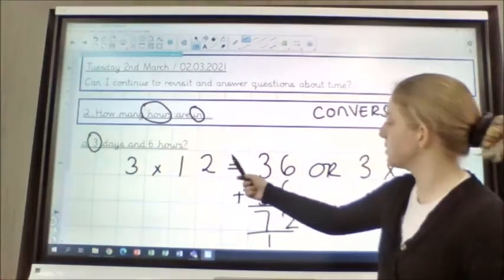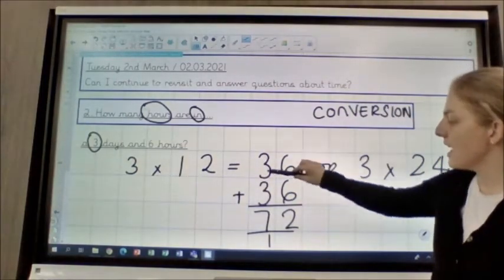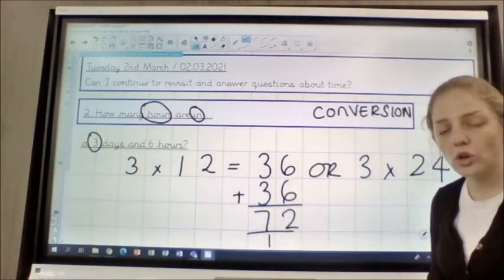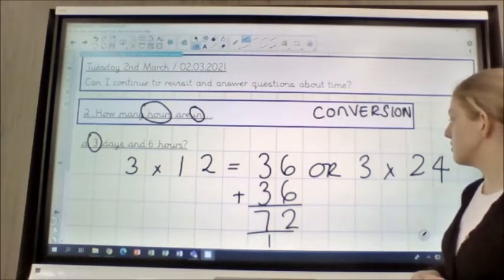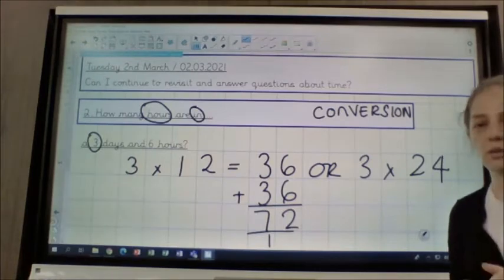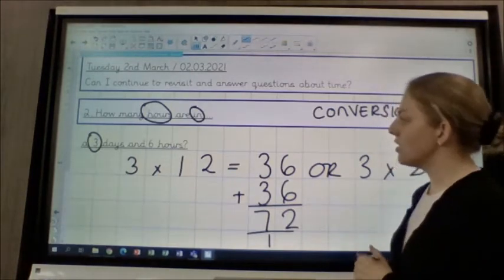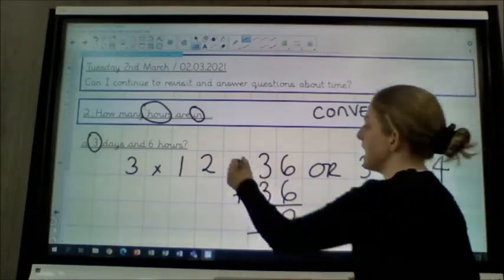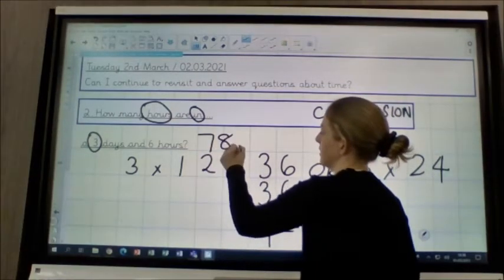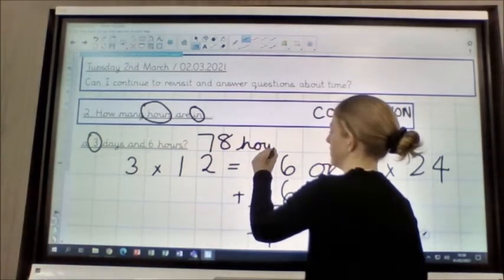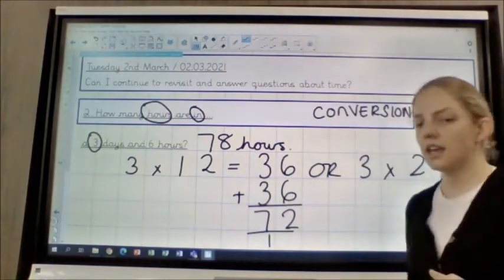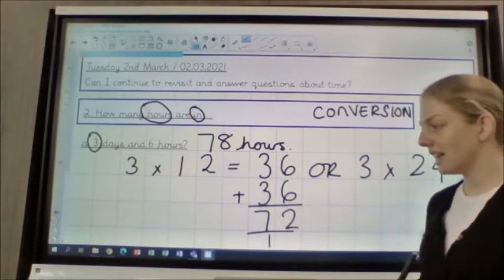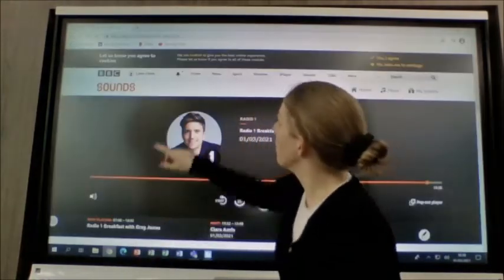So I do 3 times 12 equals 36, and then I add 2 of them together because 12 add 12 is 24. Okay, so that gives me 72, or 3 times 24. So then I know that it is 72 add 6, so that's going to be 78 hours. Okay, and as always, check by using a calculator. So I might get one up on the board.